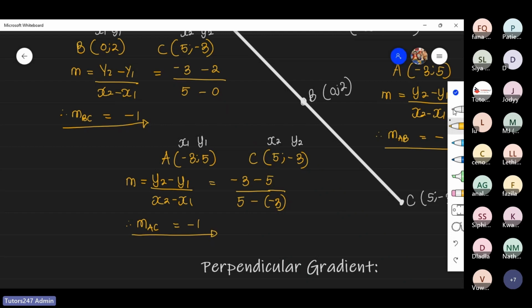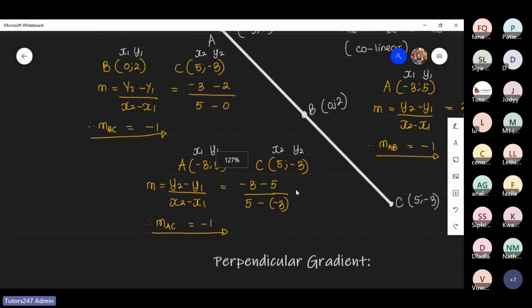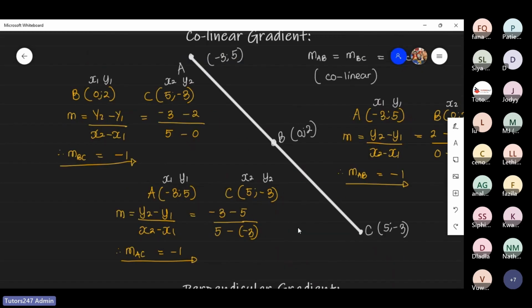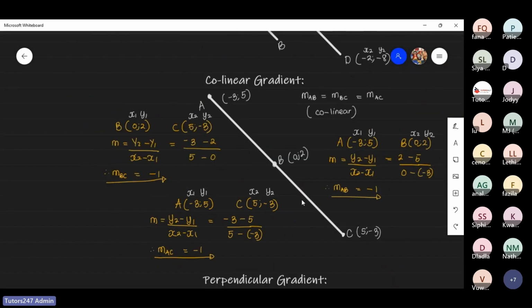So that is therefore proof that A, B, and C are collinear, meaning that all 3 points are on the same line, because the gradient of AB is equal to the gradient of BC is equal to the gradient of AC.